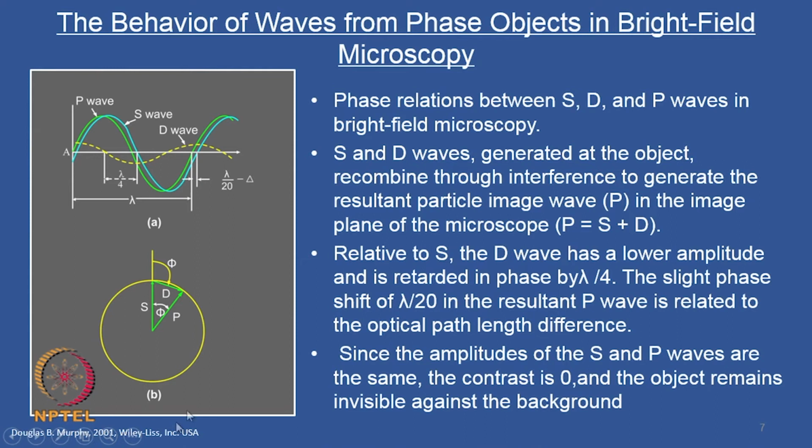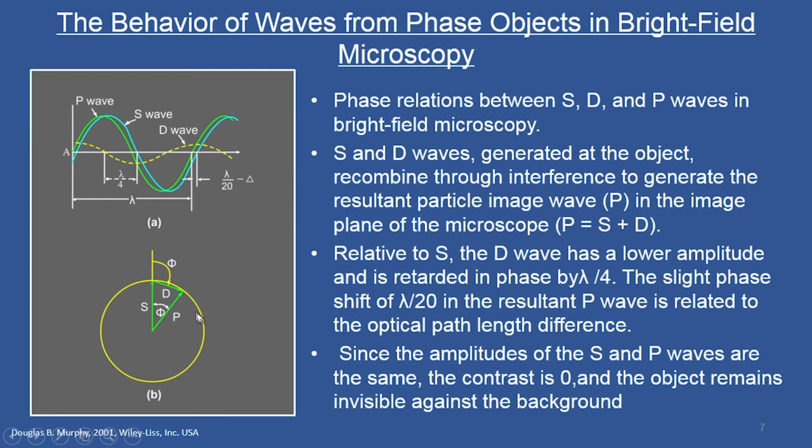Now look at this schematic B. The same thing is shown in polar coordinates, where you have S and P in vectorial form. The length of the vector represents the amplitude of these waves, and this angle phi represents the phase displacement.